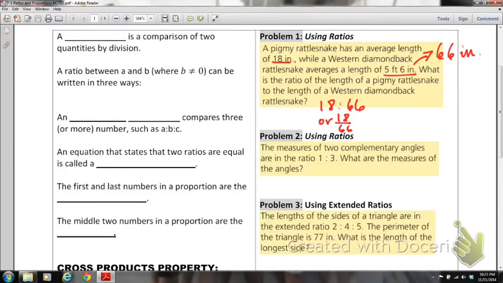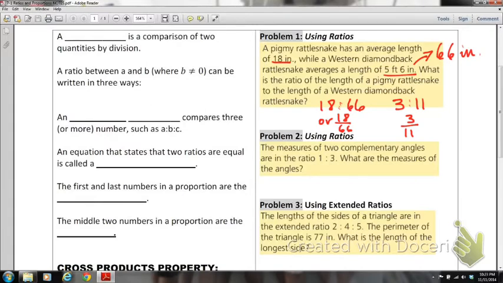And we need to reduce that, just like you're reducing any fraction. 6 will go into each of these numbers. So 6 will go into 18 3 times, and 6 will go into 66 11 times. So we have 3 to 11 or 3 over 11 as the correct ratio.